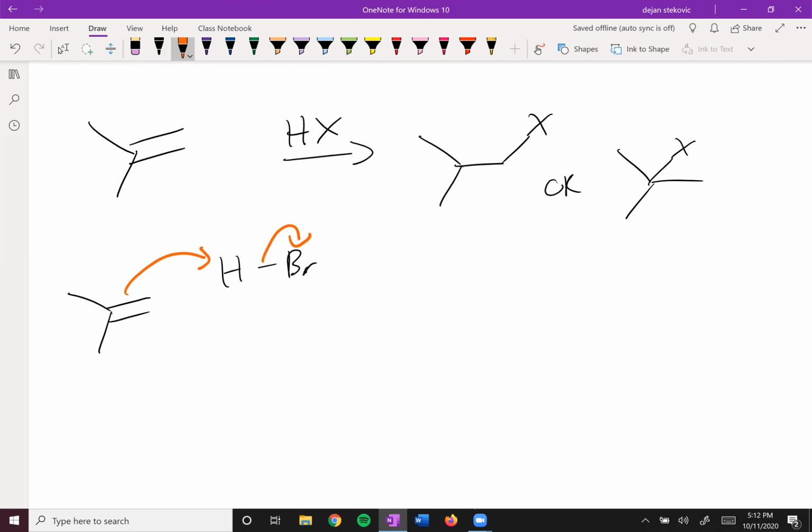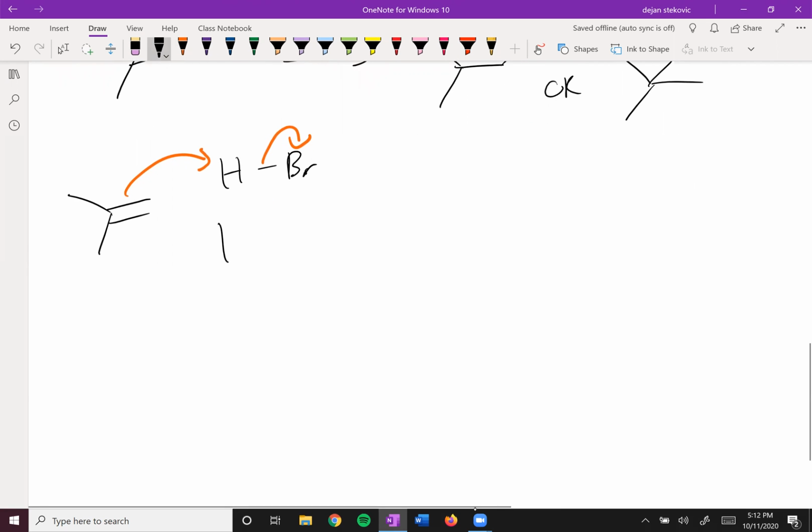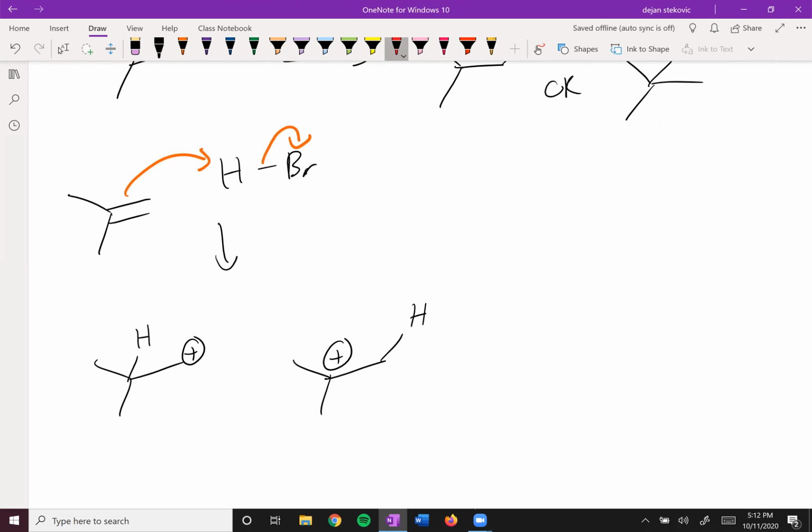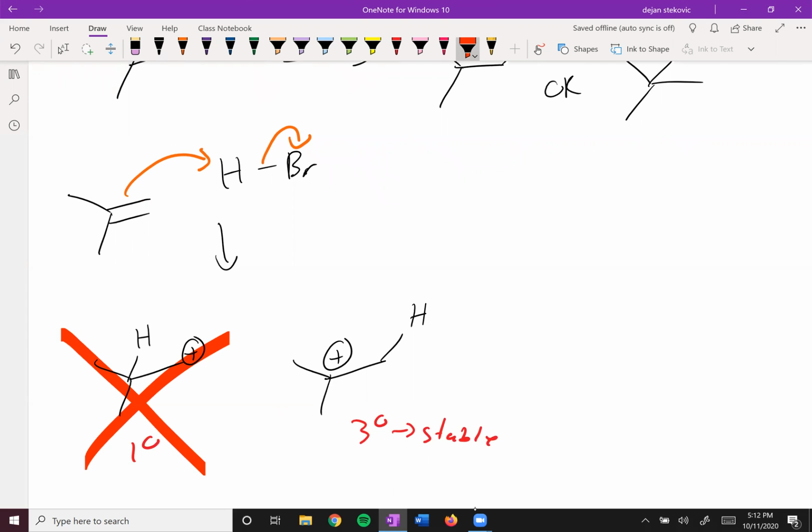And so again, the first thing we're going to do is use our pi bond to attack our hydrogen. And so we could form one of two intermediates here. We could add the hydrogen on the left and then have the carbocation on the right, or vice versa. If we think about our carbocations, this one's tertiary, that's relatively stable. And this one's primary, that's a big no-no, so that one cannot happen.